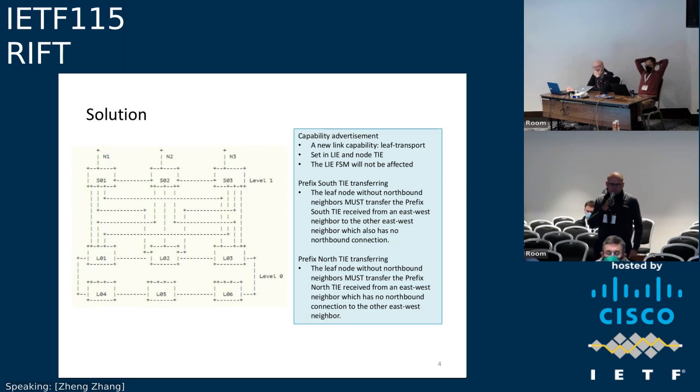That's a way to solve it, but we know that in some networks the leaves may not be stable. So in case there is some breakage or something else happens, the level will be broken and generated again. So that's why we don't want to use ZTP here.